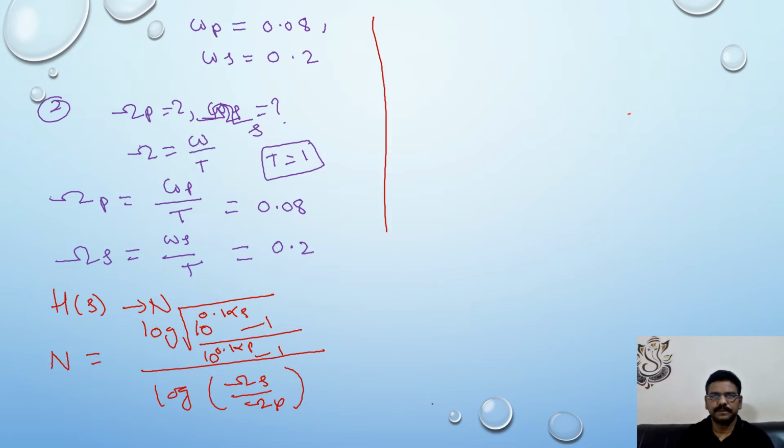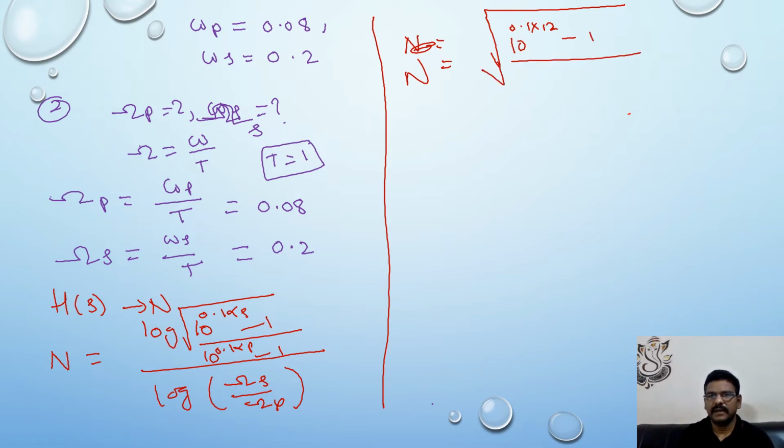So if you substitute the values in N, what we have is root of (10 power 0.1 times alpha s, which is 12 dB, minus 1) by (10 power 0.1 times alpha p, which is 5 dB, minus 1), whole by log omega s, which is 0.2, by 0.08. So this is my N.